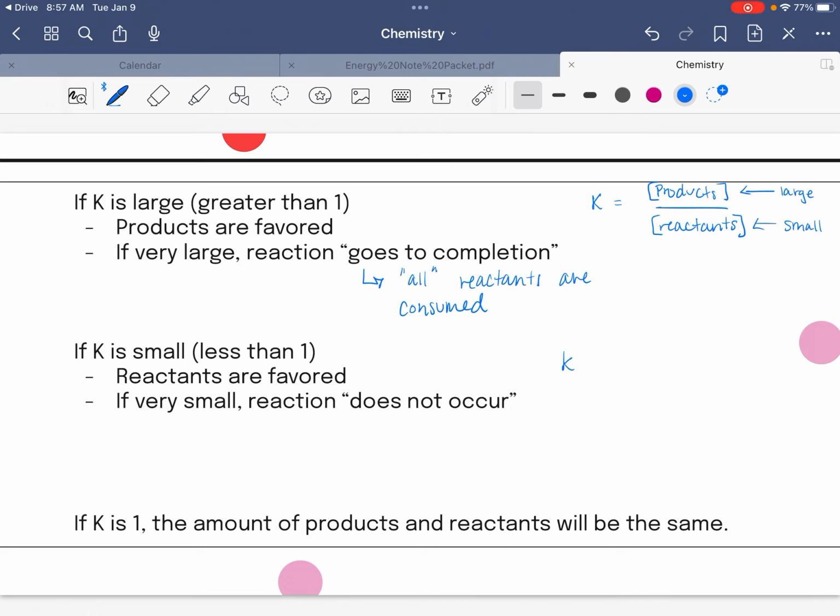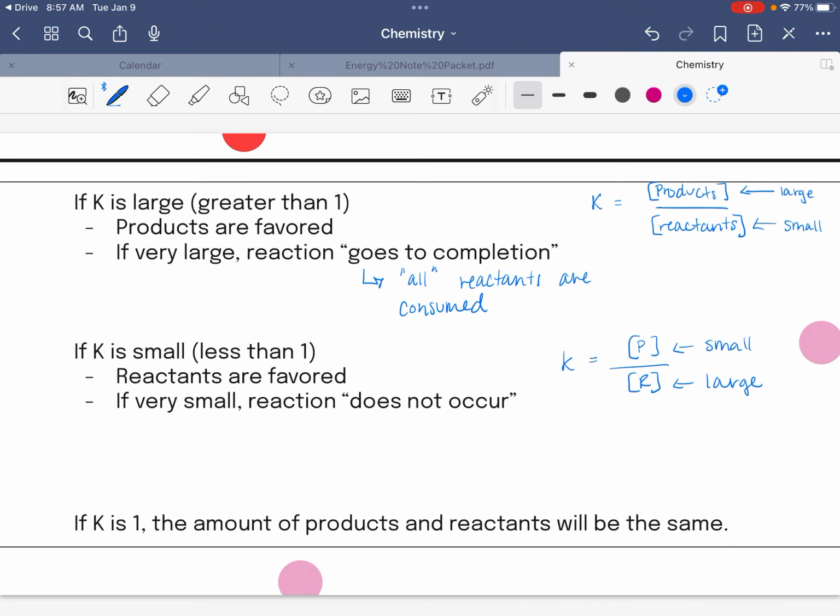If our k value is small, again we have our products over our reactants, it means that we're going to have a small quantity of products and a large quantity of reactants, so that when we divide the small number by the large number, we're going to get a number less than 1. Okay, so in this case, the reactants are favored.